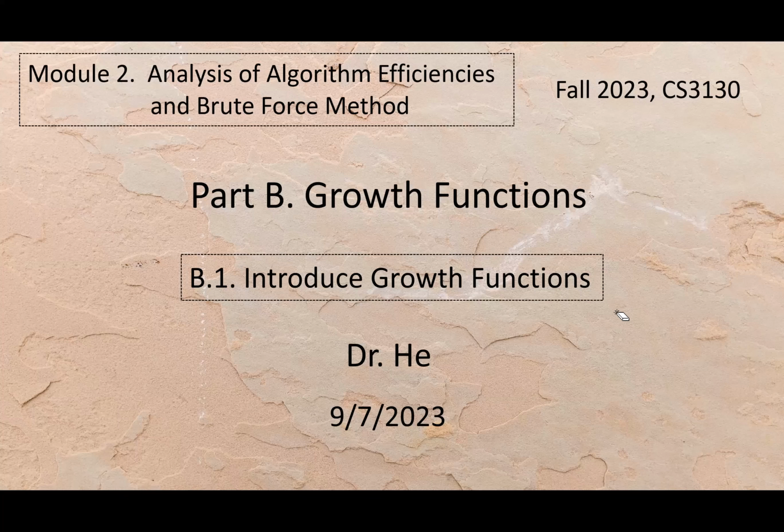So when we compare two growth functions, we will explore mathematically which one in the long run is faster. So we compare when the problem size is very large. Why don't we worry about the problem size being relatively small? We don't worry about that part because our computer is very powerful.